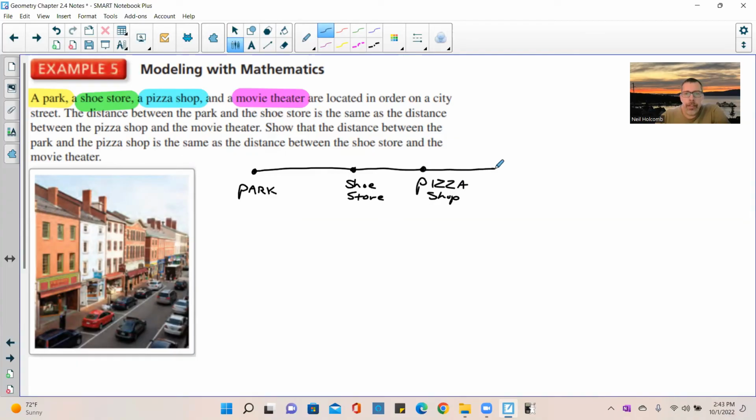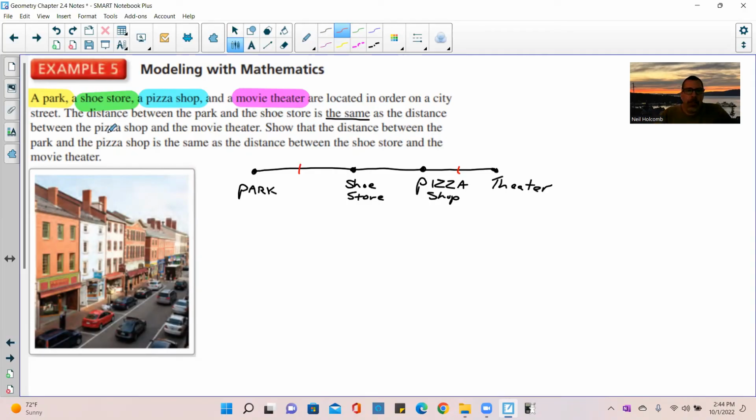And then finally the theater. Theater, not theatre. Anyway, the distance between the park and the shoe store is the same as the distance between the pizza shop and the movie theater. So I put these little markers here. Let me do it in red. So that means that this piece is congruent to this piece.